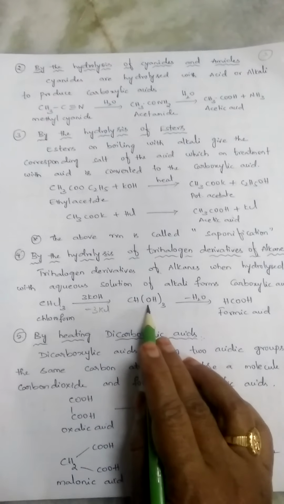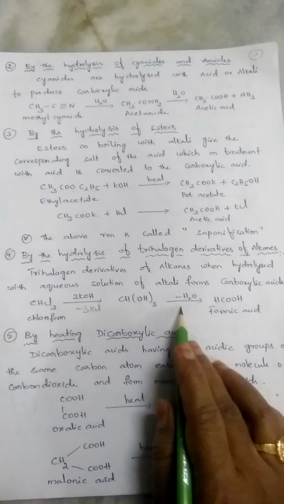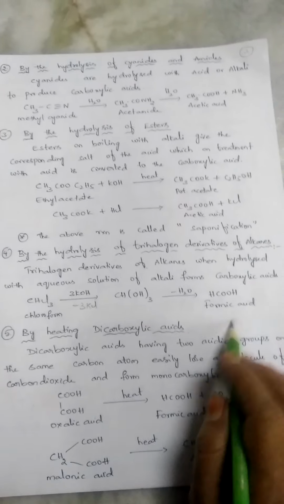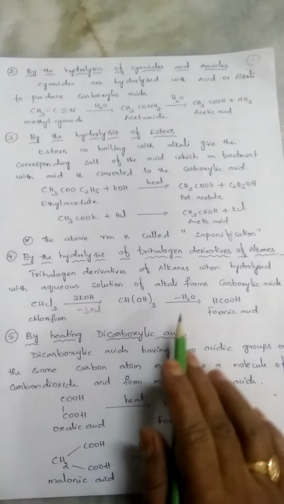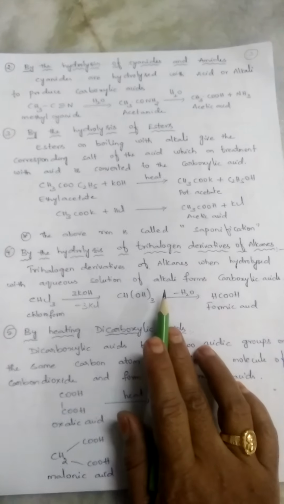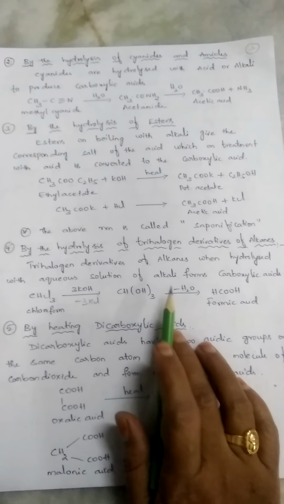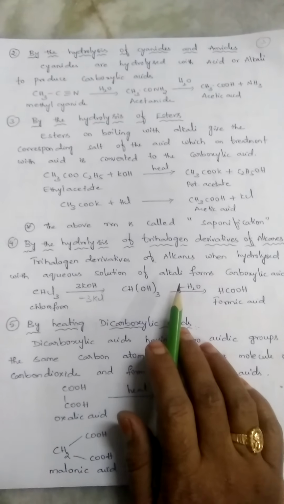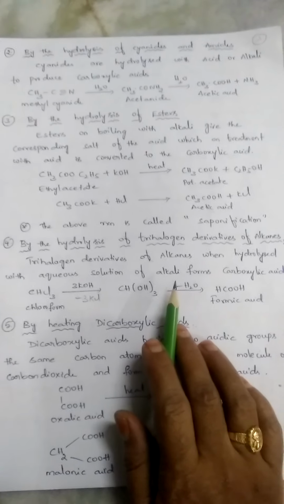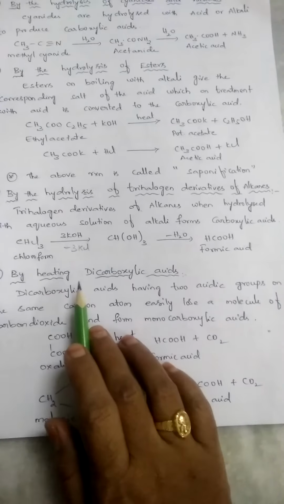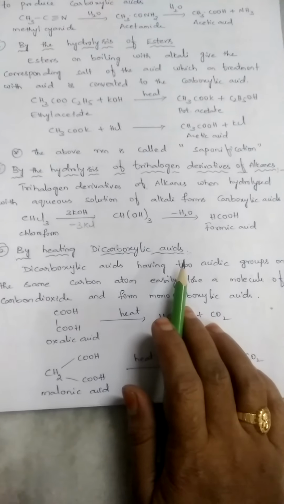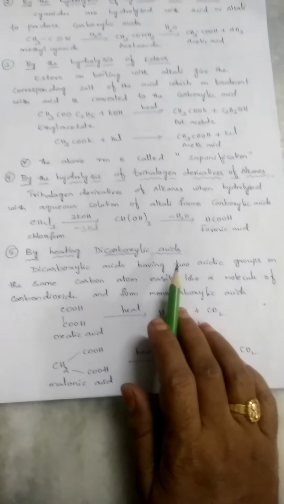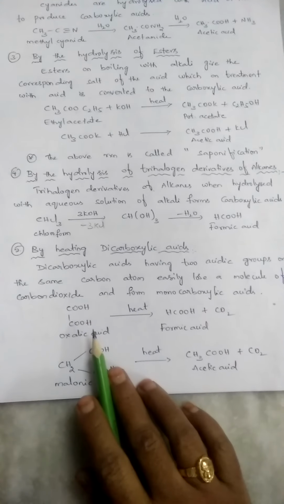So that's why C(OH)3H, which upon dehydration forms formic acid. The same reaction will also help us to prepare aromatic carboxylic acids, which we are going to discuss in the next class. Next, by heating dicarboxylic acids, which is also a very famous reaction.